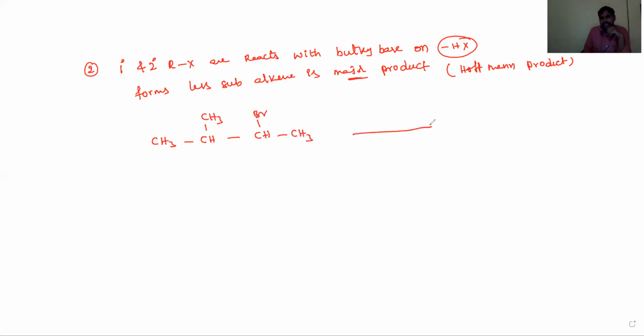It is treated with potassium tertiary butoxide. This is the bulky base. That's why the less substituted alkene is the major product, because this is the alpha carbon, this is a beta 1 carbon, and this is a beta 2 carbon.